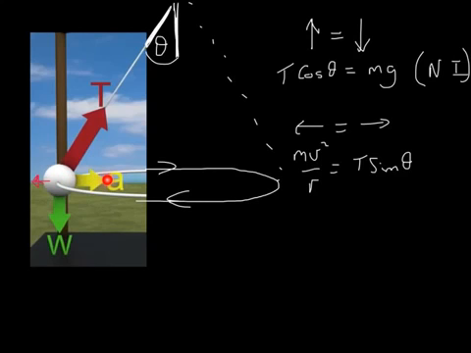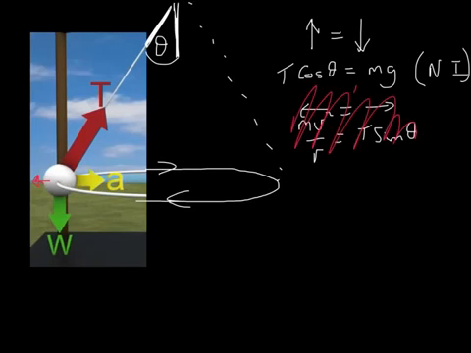So we're really writing F equals ma. The imbalanced resultant force pointing this way is equal to ma. So this is complete nonsense. Now it doesn't change the equation. It just changes what it means. What's happening here is that we have a resultant force that way, T sine theta, and this thing on the right tells us its value.